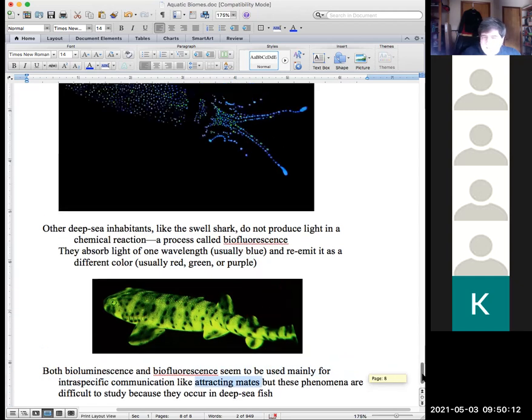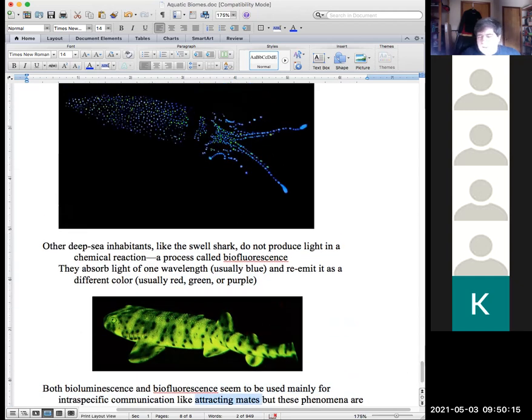Now, you might think that there would be a problem with this, that it's going to attract predators. But keep in mind, to be able to see these, you have to have eyes that respond to these wavelengths of light. So in some cases, there's evidence that the predators may not be able to actually see these wavelengths.